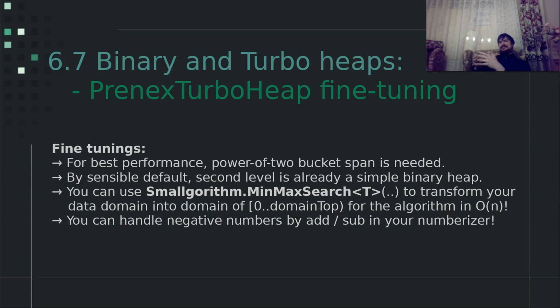Just imagine that you have a domain from -5 to 10, maybe in an array. You want to sort the array with the heap sort like this, and just configure the heap so that it works. So you know that your values will be between -5 and 10. What you do, you maybe don't know this, but you do a minimum maximum search and get these values.